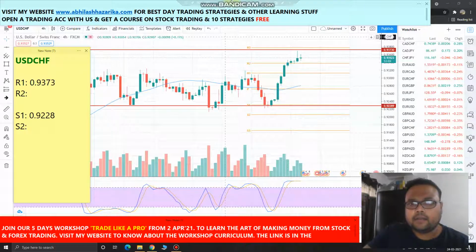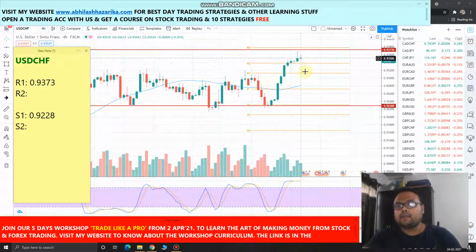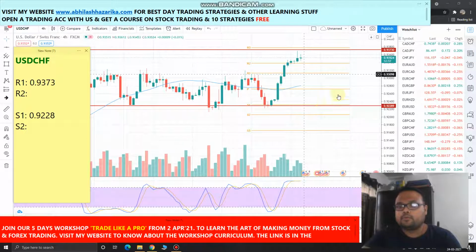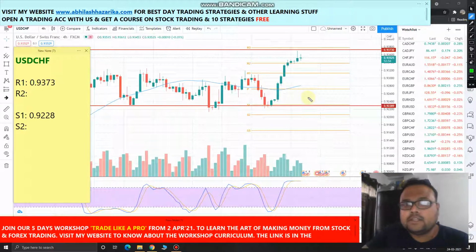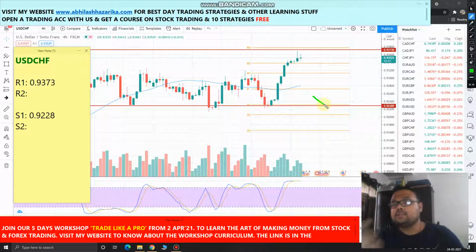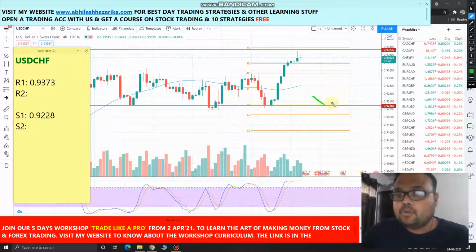On the other hand, if you miss the opportunity to short the market, then wait for the market to come down to the support level. Once it hits the support level, just observe the price. If you see that the price is about to reverse, how will you get the confirmation?